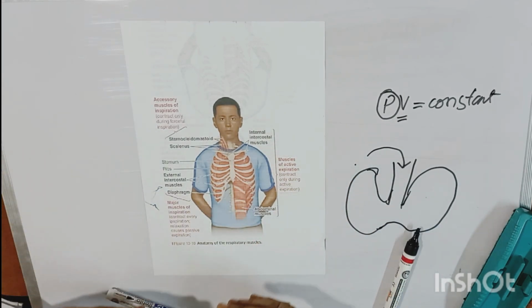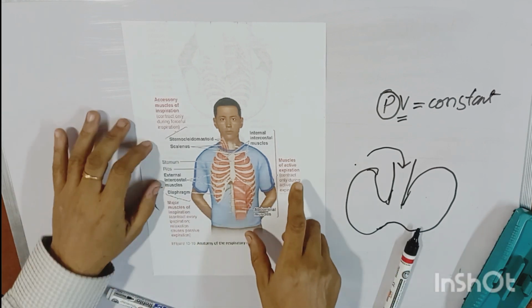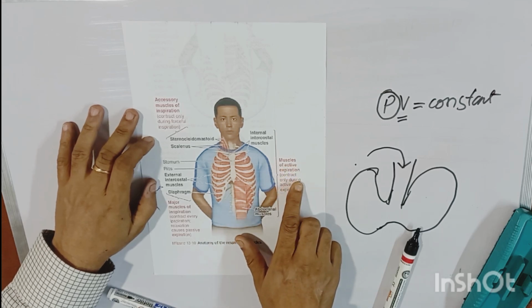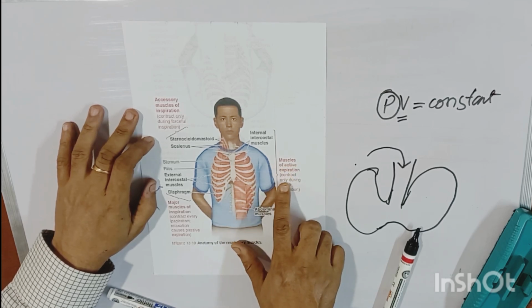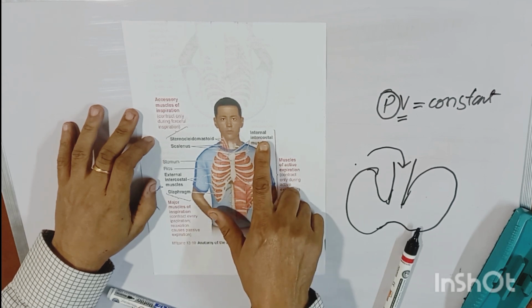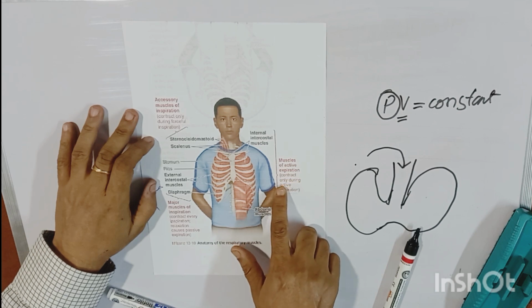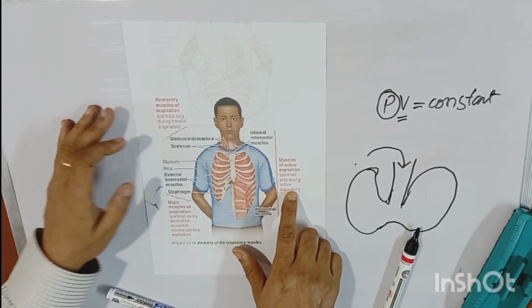The abdomen goes flat and these muscles contract, so the thoracic cage is pushed up, the volume gets lowered, and there is a pressure buildup in the thoracic cage, and the air goes out. So that happens during active expiration. The muscles of active expiration are the internal intercostal muscles, which contract only during active expiration.